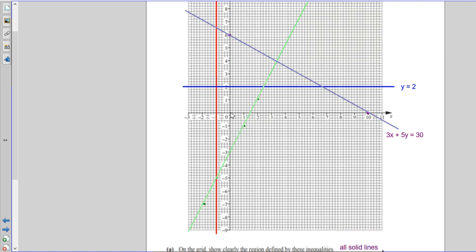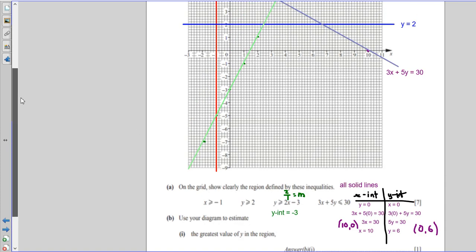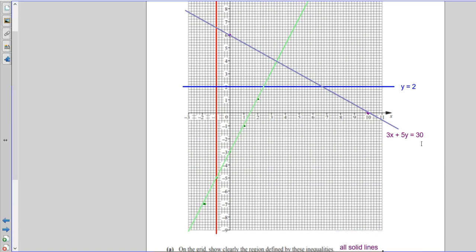So if you plug in 3 times 0 plus 5 times 0, but we need the inequality back here. 3 times 0 plus 5 times 0, that gives you 0, of course. Is 0 less than 30? Correct. Yes, it is less than 30. So that's a quick way, when you've got this standard form, to see that it's the region below the purple line that satisfies this inequality.